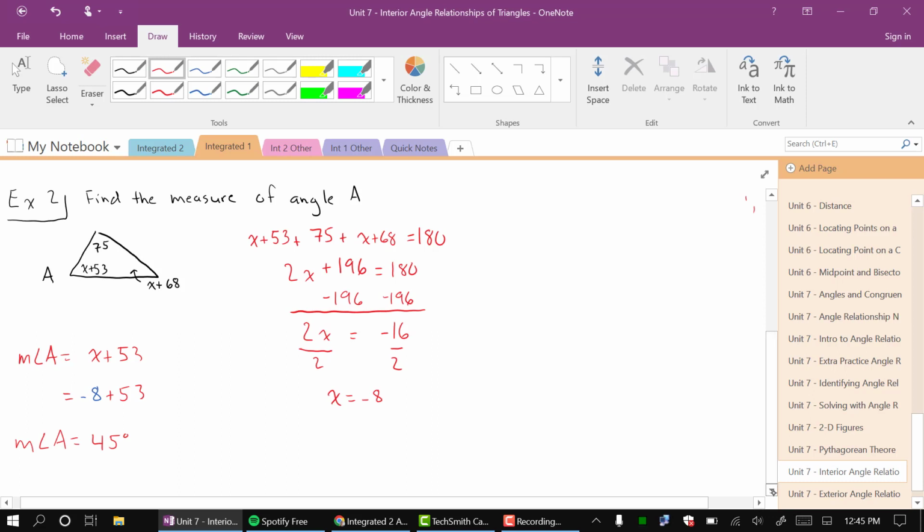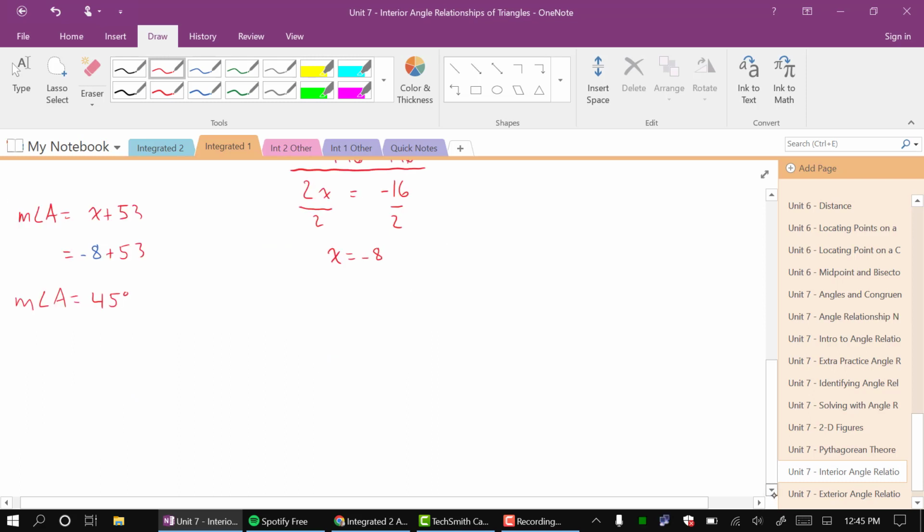Let's take a look at one more example. Again, we want to find the measure of angle A, and this is going to be using the triangle sum theorem. So example 3.